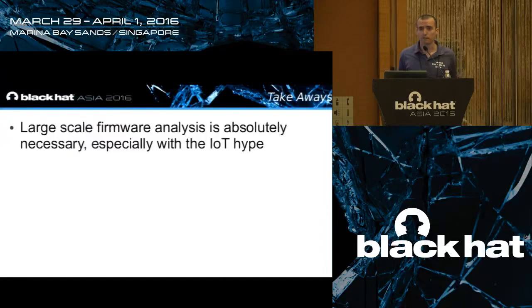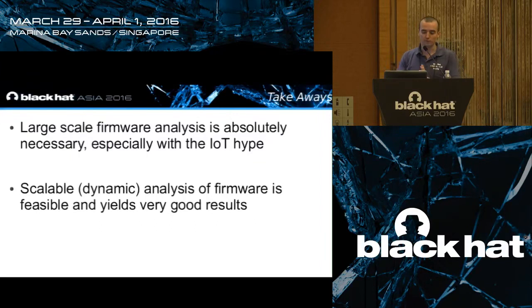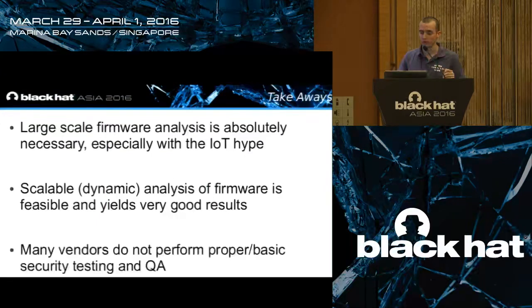And the three main takeaways which we want to emphasize: first, large-scale firmware analysis is necessary because there are a lot of vulnerabilities, and especially with the IoT hype, it is really necessary to analyze firmwares, not just x86 and malware and so on. We also demonstrate that scalable dynamic analysis of firmware is feasible, and it yields really good results and can yield even better results with some engineering effort.